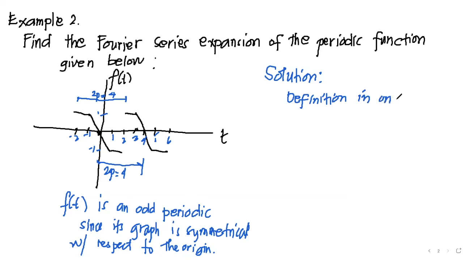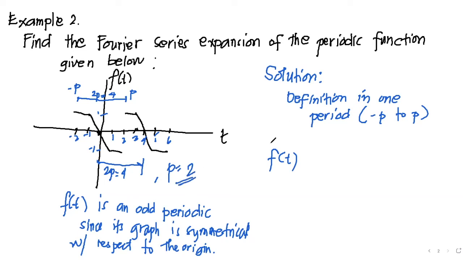So we first define the given periodic function in one period, that is from negative p to p. So negative p is negative 2. So f of t is equal to: the value of the function from negative 2 to negative 1 is positive 1.